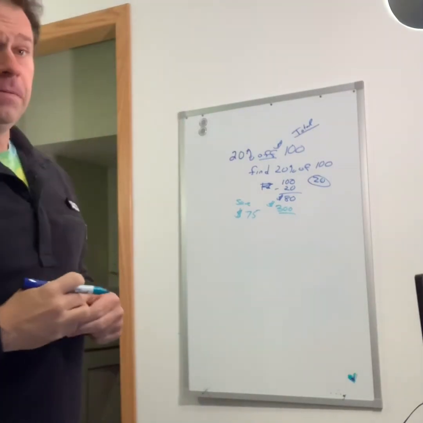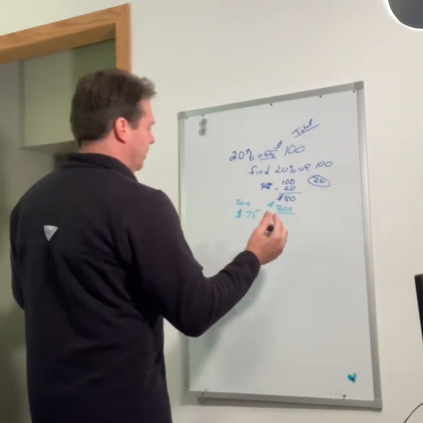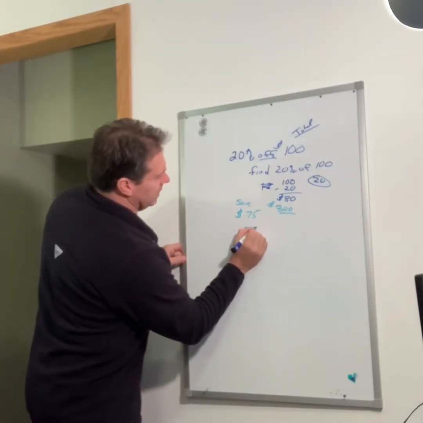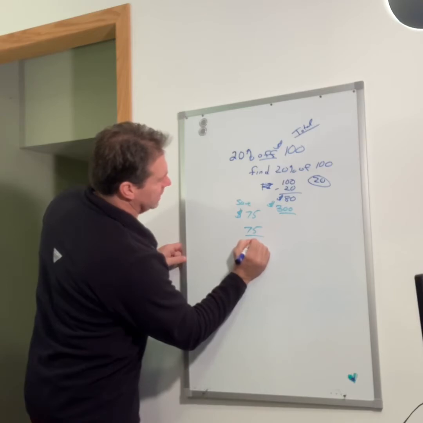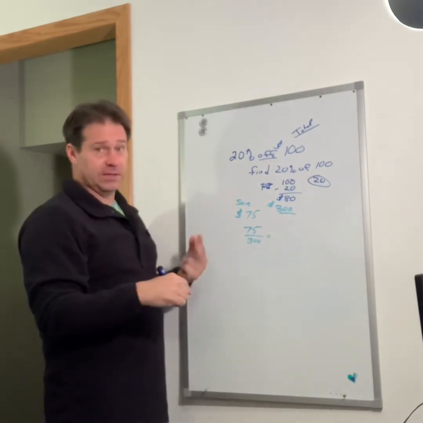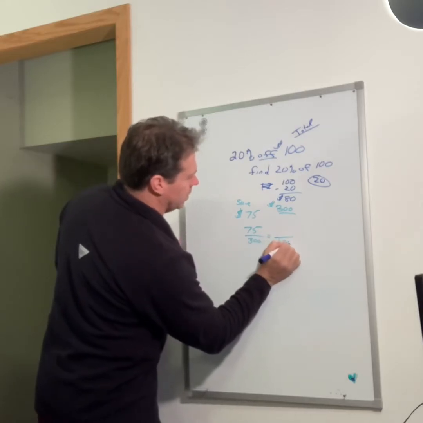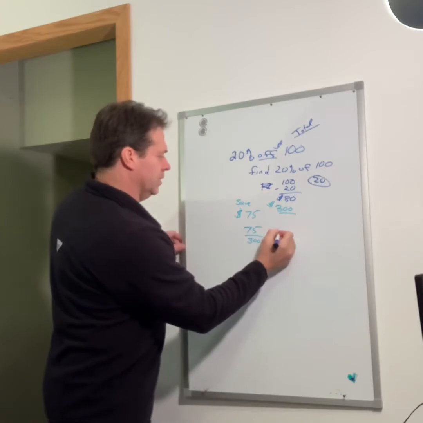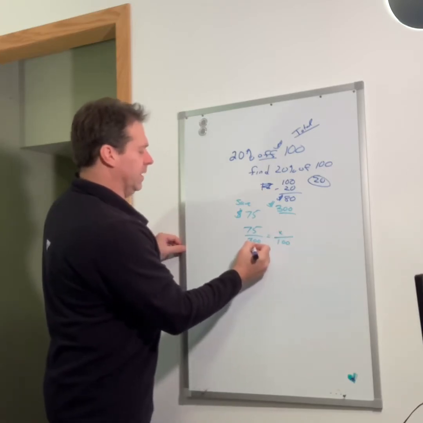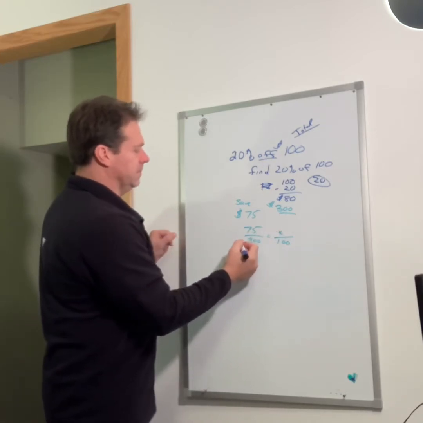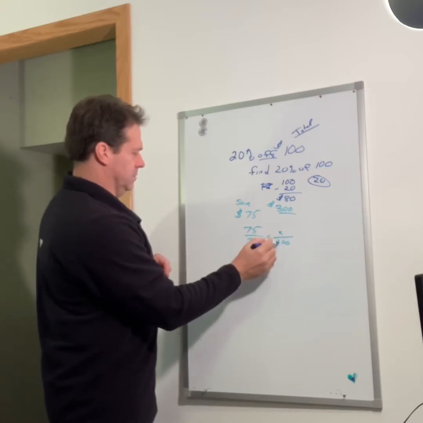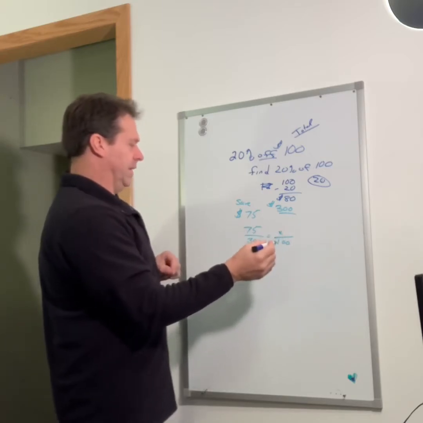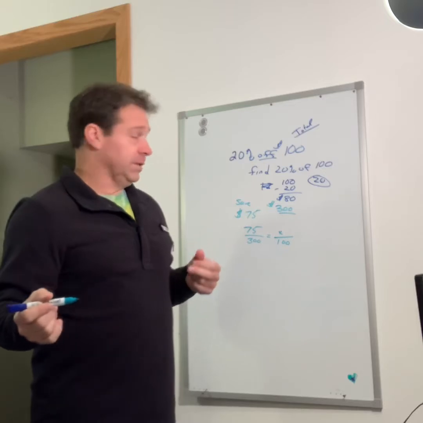You could set it up as a ratio, because you're saving 75 over 300, and the percent's going to be something over 100. So you can just take 100 divided by 300 times 75, and that's going to give you, let's see, 25%.